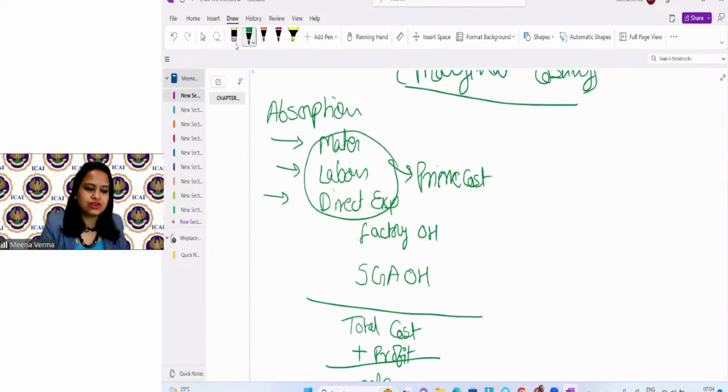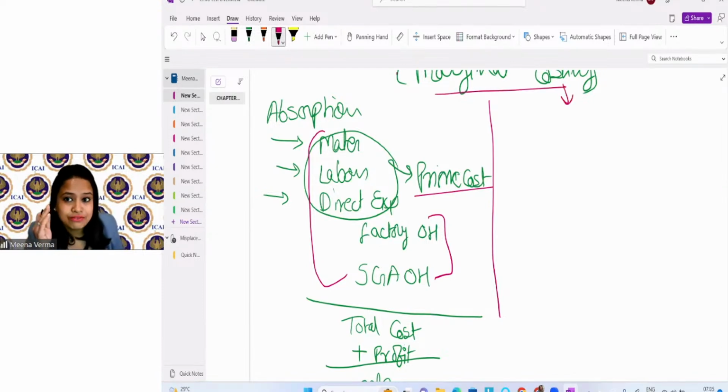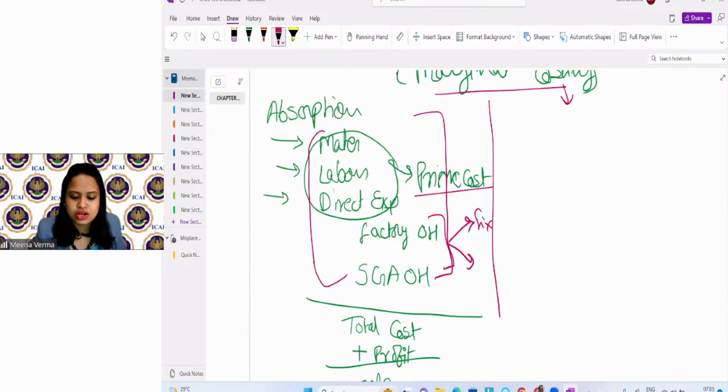The company has the prime cost and overhead, meaning all the direct costs and all the indirect costs. In marginal costing, we classify all these costs only in two forms: one is fixed cost and the other is variable cost.